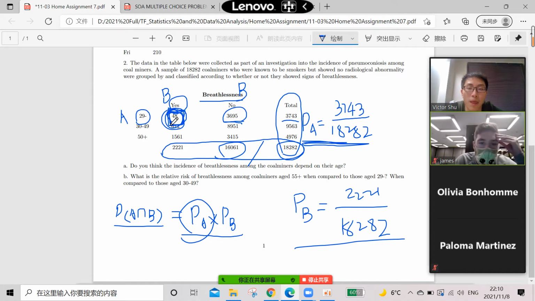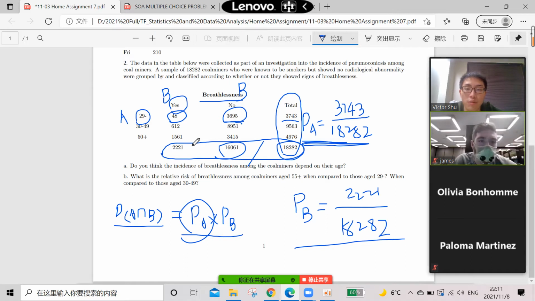So for every number in this chart, by the way, this is sometimes called a contingency table. In this contingency table, these are all observed numbers, 48, 3,695, all those numbers are observed by experiment. But what I'm doing is assuming this problem is independent of age.